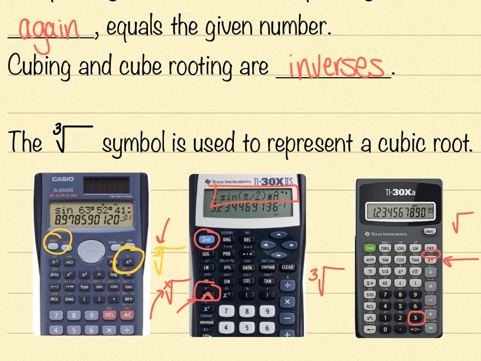It has X and it has the Y. So you hit 3 first to put the 3 right there, and then the second function button, and then you hit the X to the Y. And then you just type in whatever number you want to do the cube root of. So try that. For example, try doing the cube root of 343, which we just said in the previous problem is 7, and see if you get 7. If not, try putting it in a different order until you figure out how to use your calculator to solve these problems.